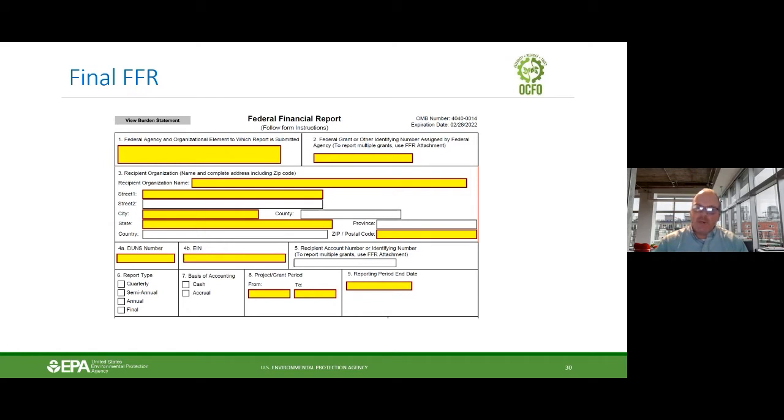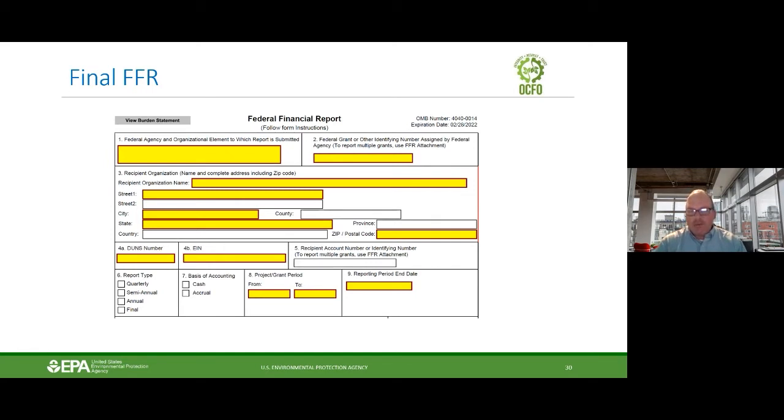Well, if it was marked annual, then it's not going to get processed as a final report. So just keep that in mind. When you are closing it out, just make sure it is marked as a final. And when you don't want to close it out, just make sure it's not marked as a final. If you're submitting an interim report, make sure it's marked annual, semi-annual, or quarterly, so we don't actually close it out.